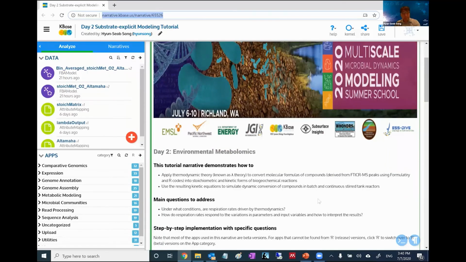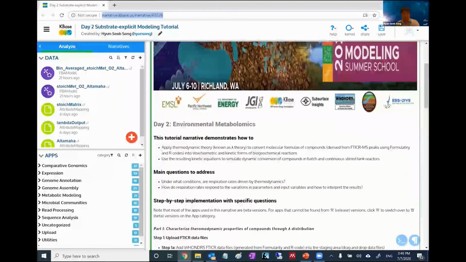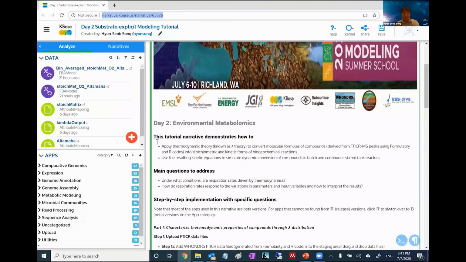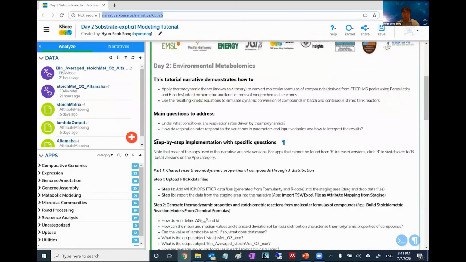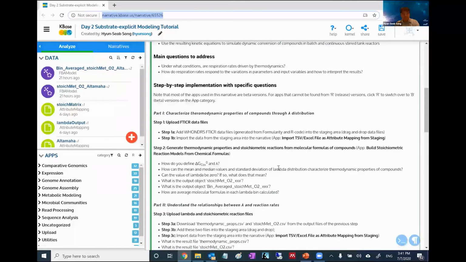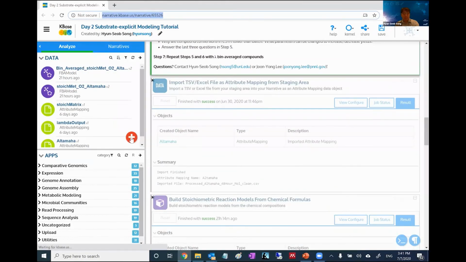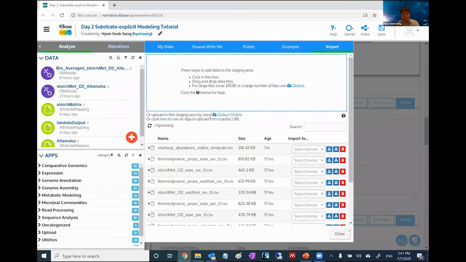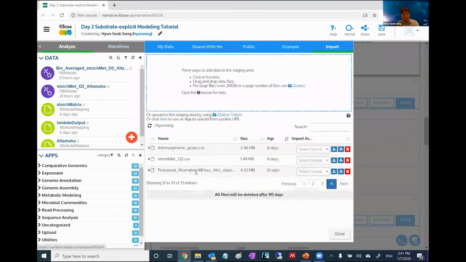I set up distinct questions, where each simulation or step-by-step implementation has specific questions to address. First of all, as I said, you have to upload your data to your staging area. I already imported mine, which is processed at 48 hours.